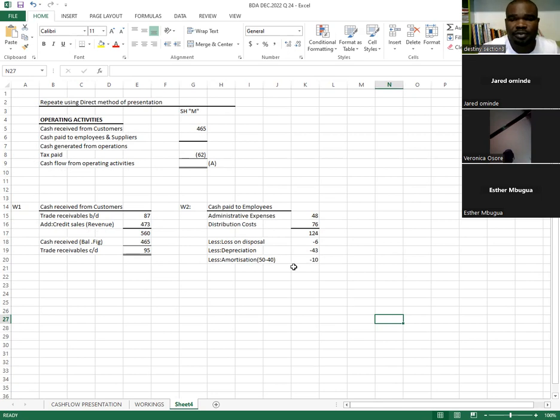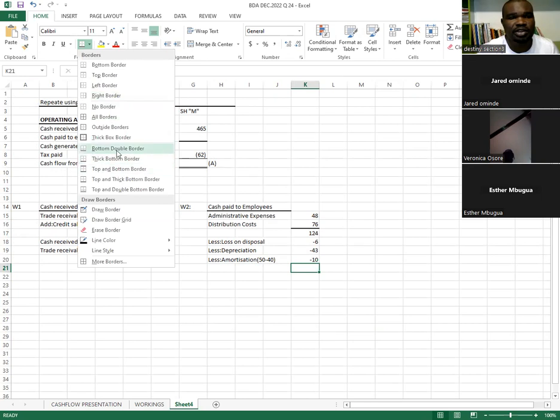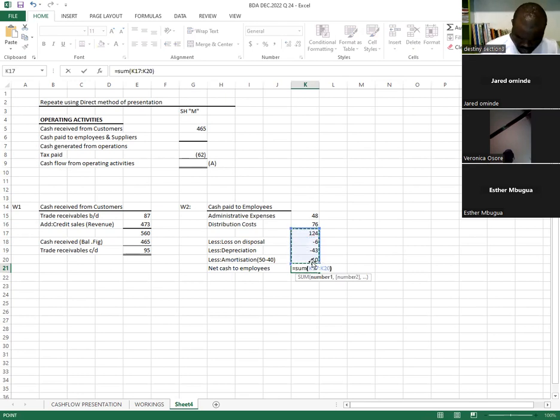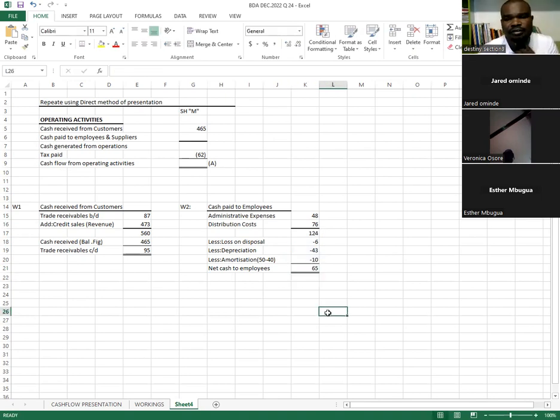So now it means the net cash to employees is going to be that one, 65. So that is the net cash to employees.